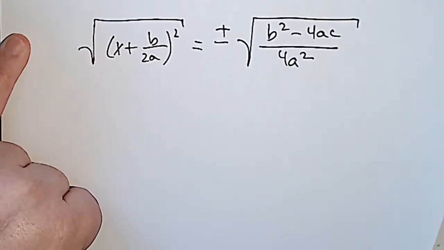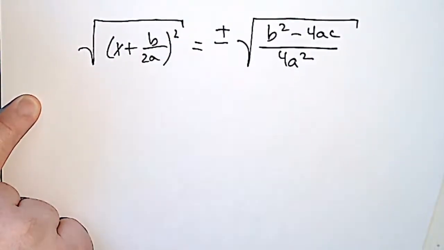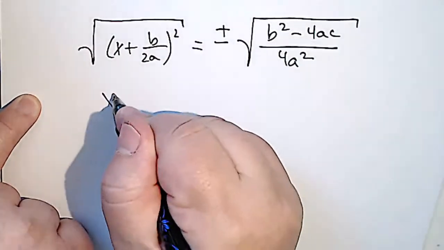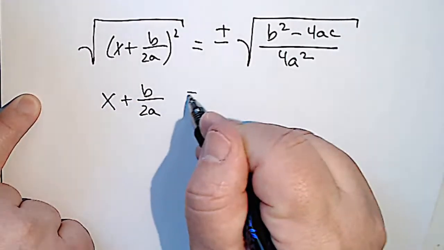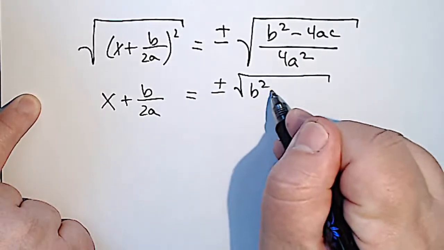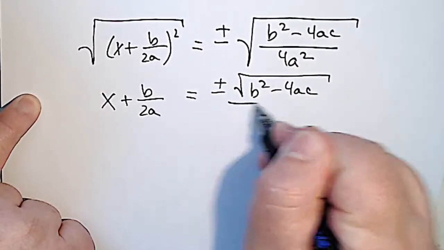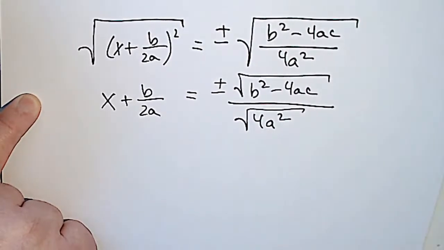Over on the left, this is the square root of something squared. They cancel each other out, so we're just left with what's inside. Over on the right-hand side, I'm going to split up b squared minus 4ac into its own radical and 4a squared into its own radical. So far, so good? Nice.